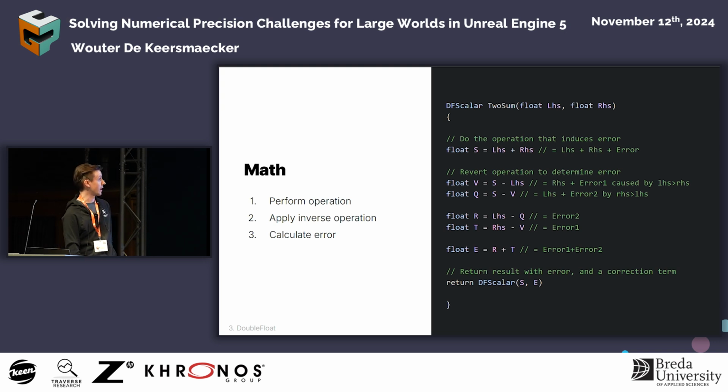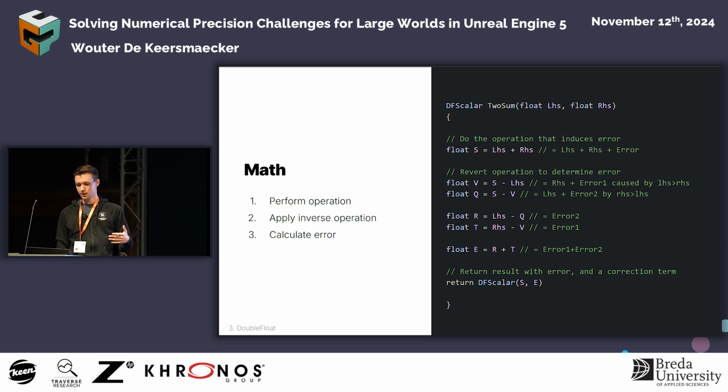Okay, so how do we perform math with this? Most operations with this data format follow the following structure. So first you just perform the operation. So on the right here, I have a sum operator, and at the top we just do the sum. You do left-hand side plus right-hand side. And so after you do the operation, you actually revert it.